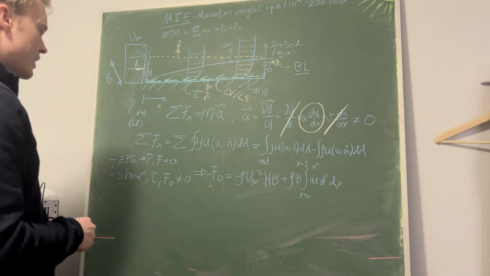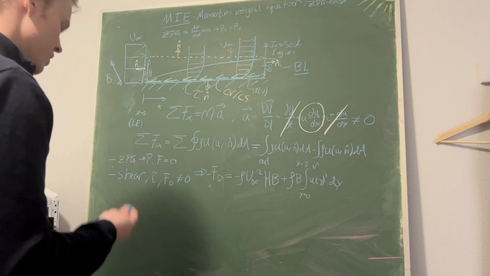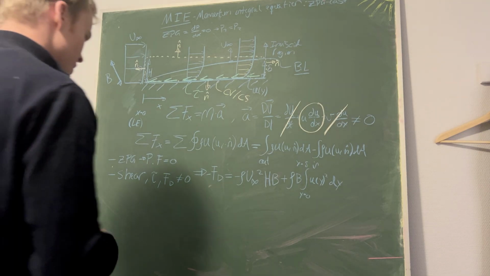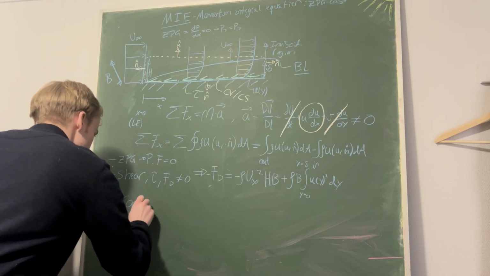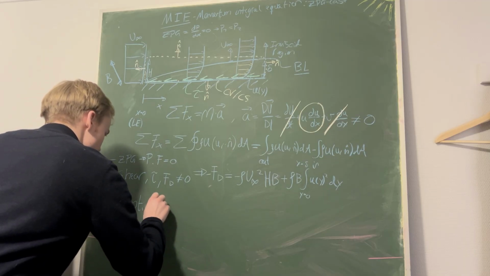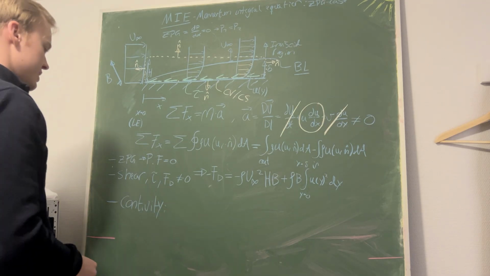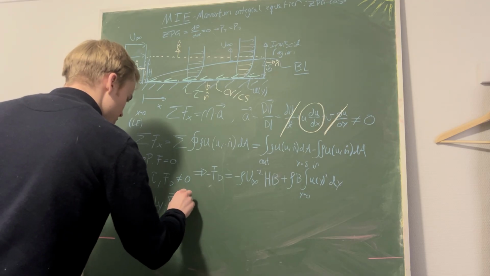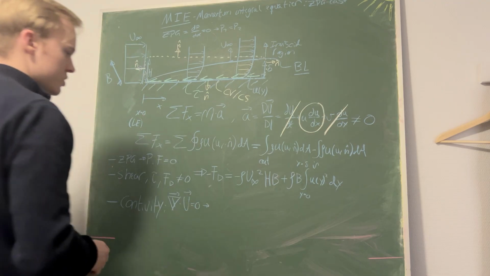So now the next trick in the book is going to be to use continuity. I'm just going to check that you can all see. Yep, very nice. So let's use continuity now. We normally do this by saying that nabla dotted with our velocity field is going to be 0. But we do it much simpler here.